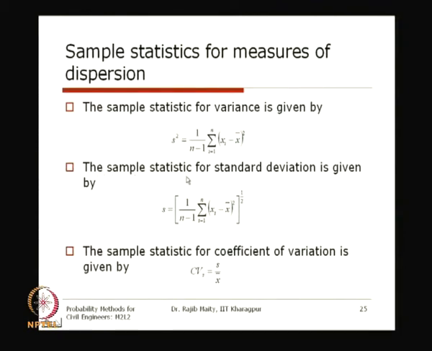The sample statistic for the standard deviation, as we said, is the positive square root of this variance. So, this full quantity to the power half, the square root, gives the standard deviation. For the standard deviation we take this root, but for the higher moments, like the measure of skewness, we generally don't take the third root.